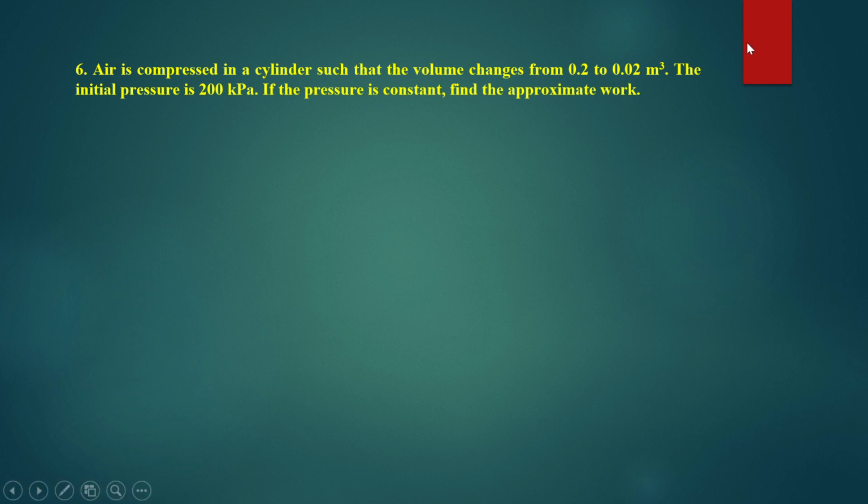So here the question is saying that air is compressed in a cylinder such that the volume changes from 0.2 to 0.02 meter cube. So basically the initial volume and the final volume are given to us, and obviously there is a piston cylinder arrangement maybe, and here your gas is air, and it is being compressed from this volume.